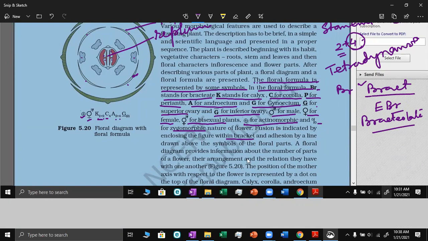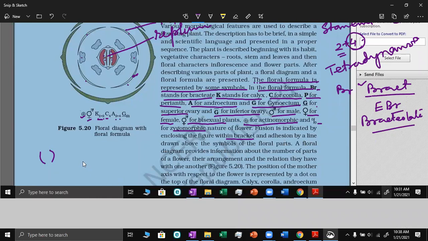If the stamens are also united, like the monodelphous condition, their numbers are kept within the bracket. Adhesion is shown by a line drawn above the symbol.